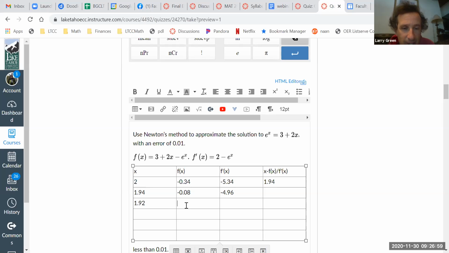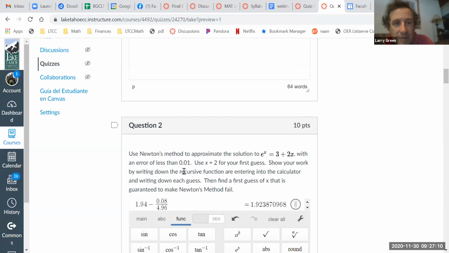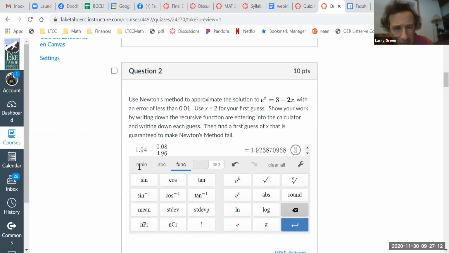So we have 1.92, and then f of x will be 3 plus 2 times 1.92 minus e to the 1.92. So let's do it. So that's 3 plus 2 times 1.92, and then minus e to the 1.92.